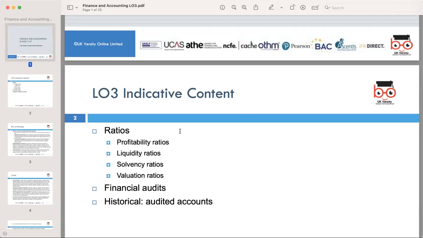Ratios are important tools for evaluating a company's financial performance, including profitability ratios, liquidity ratios, solvency ratios, and valuation ratios, and also financial audits, historical audits, and audited accounts. Financial audits ensure the accuracy and reliability of a company's financial information, while historical audited accounts provide valuable insight into a company's past financial performance.